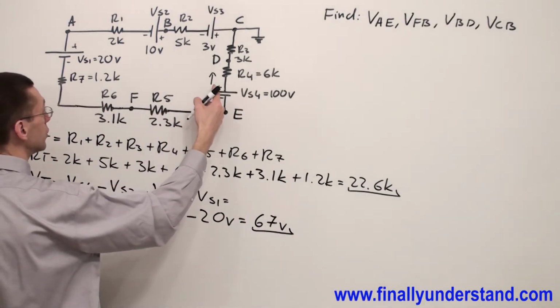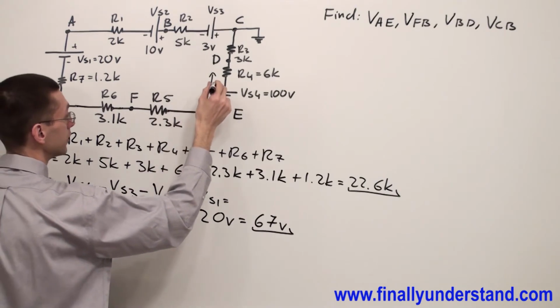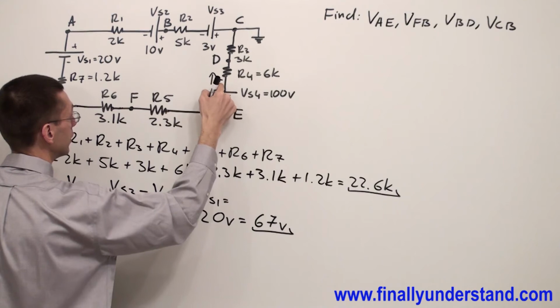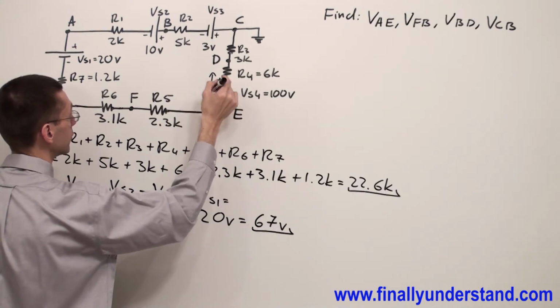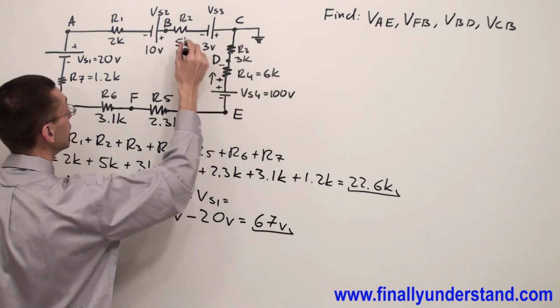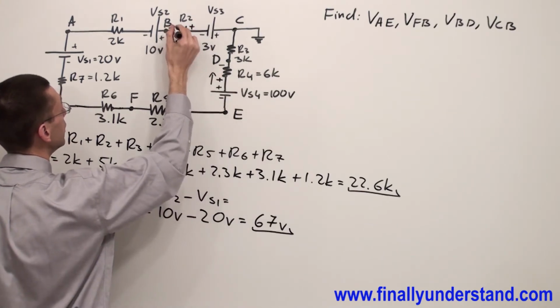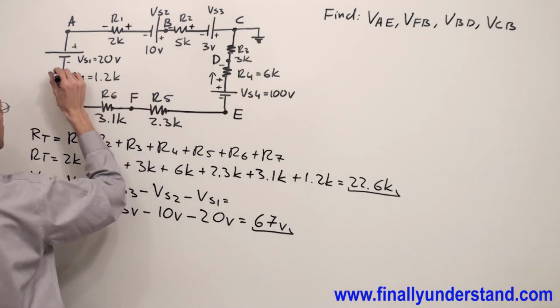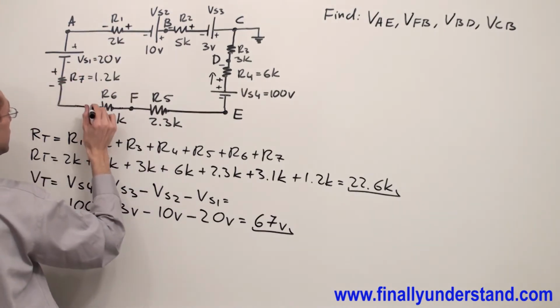Current goes counterclockwise. Anytime you enter the component, you're supposed to mark this by positive. Anytime you are going to leave, write negative. Positive, negative. Positive, negative. Positive, negative.